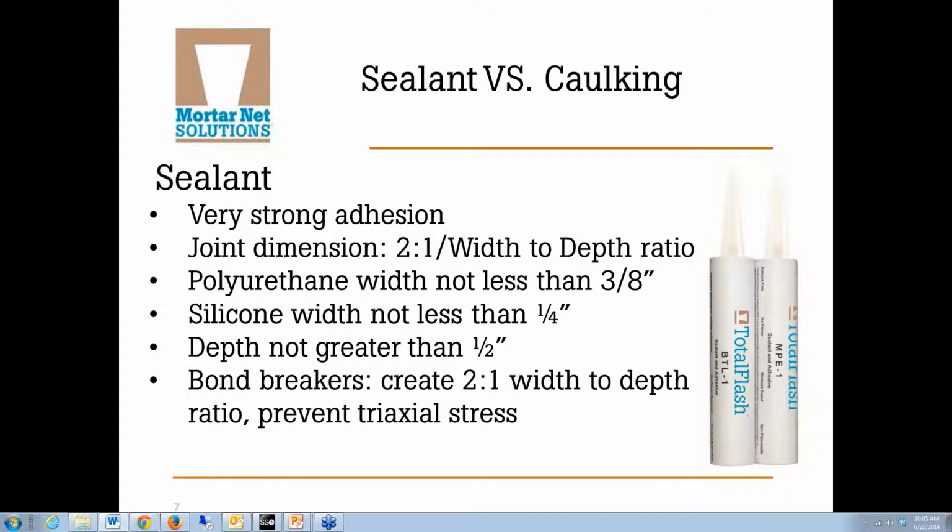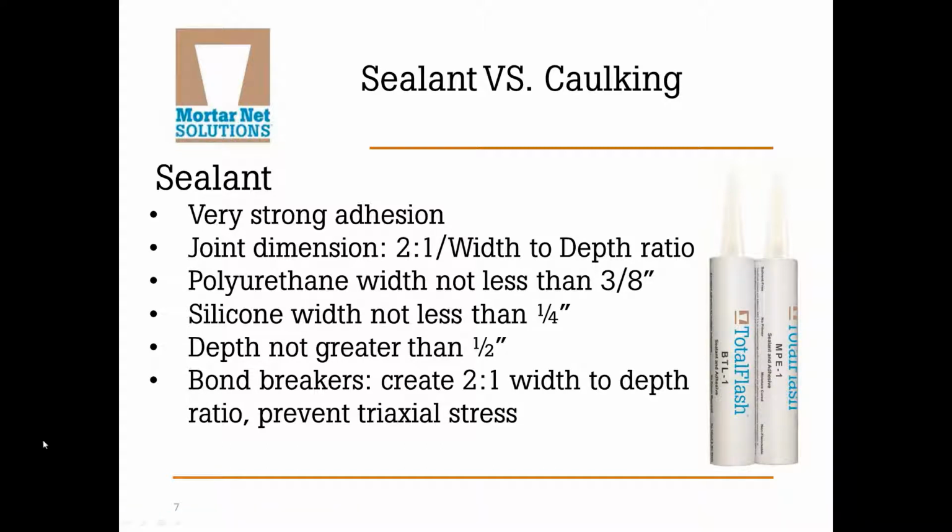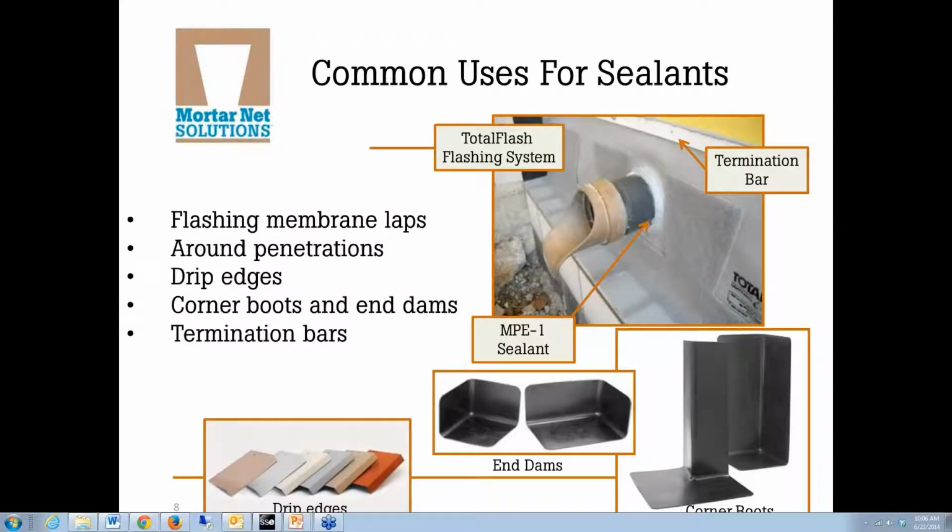So the bottom line is both caulking and sealants are designed to seal expansion and control joints and to join materials together. But only sealants should be used on commercial and residential building exteriors, especially masonry building exteriors. Sealants are used in exterior masonry construction to create watertight, airtight seals between similar or dissimilar materials.